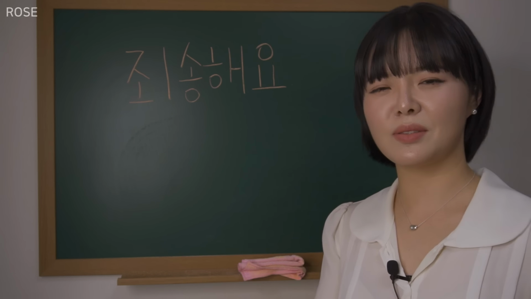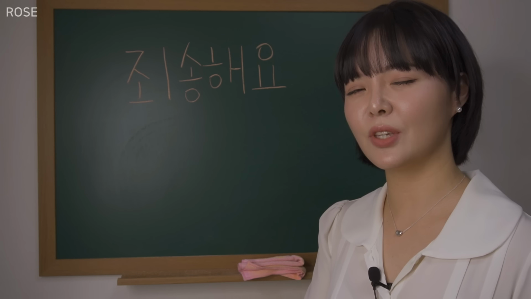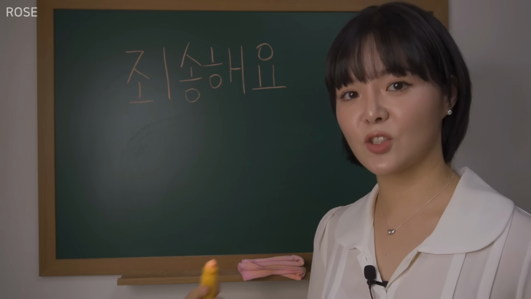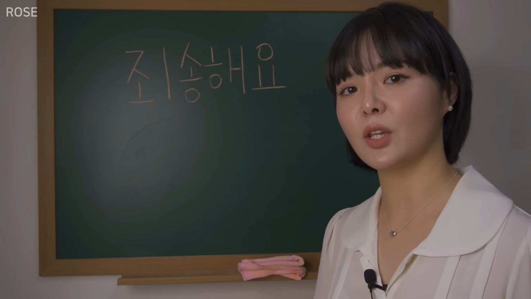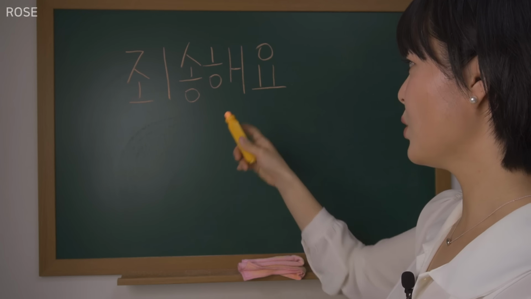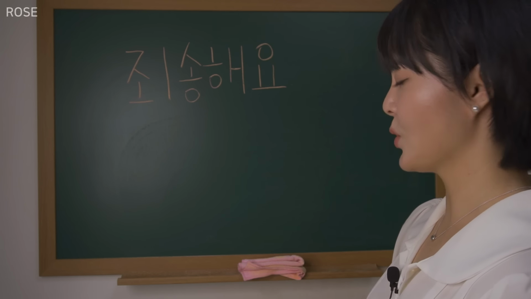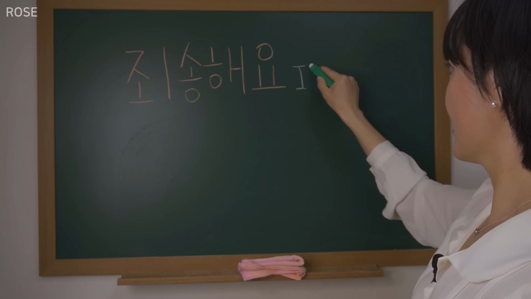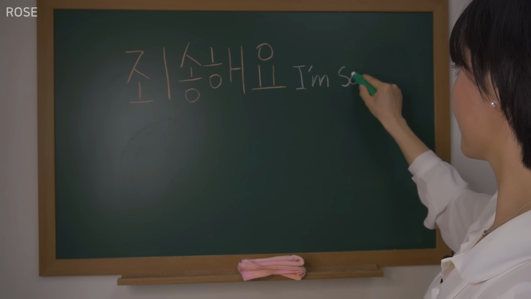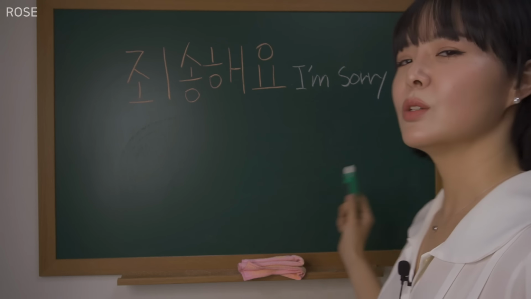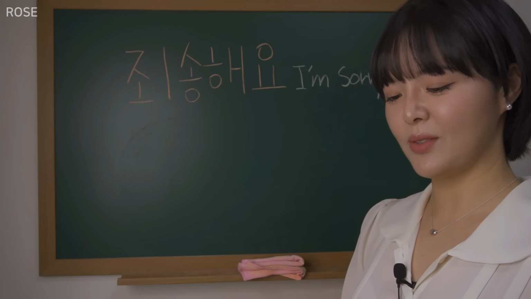In this case, it's more like I'm sorry, but you can use it as an excuse, depending on the situation. So 죄송해요 means I'm sorry. Let's write it here. I'm sorry. 죄송해요 means I'm sorry.